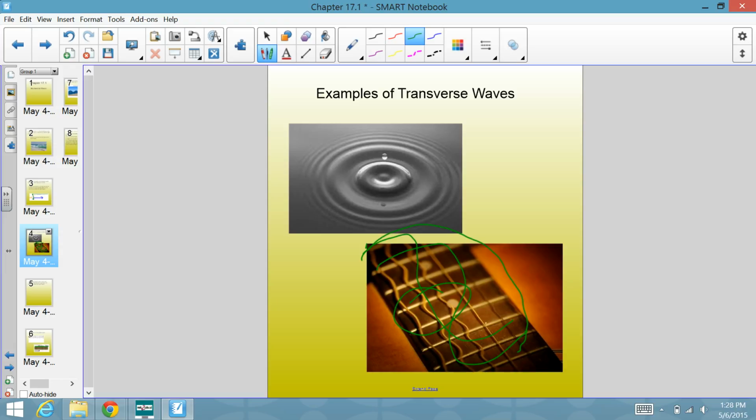But they vibrate up and down. And they don't actually look like this picture, but they are still a form of transverse wave because the energy that is transferred through the string when it's plucked with a finger or a pick goes from one side of the string to another. It travels this way. But the string itself, the material, travels side to side, which is at a 90-degree angle.